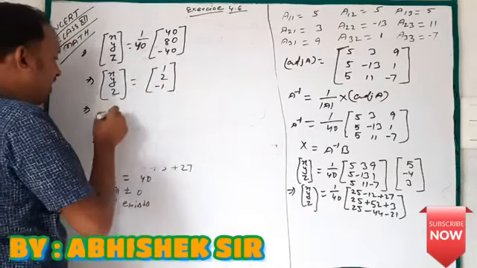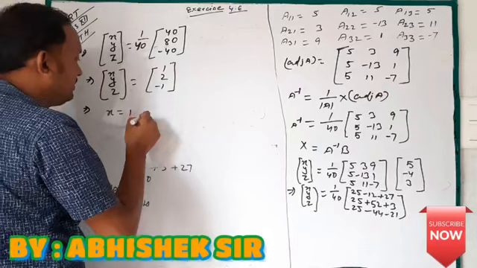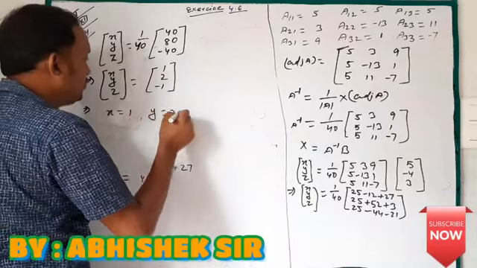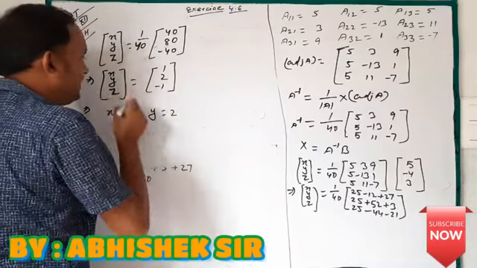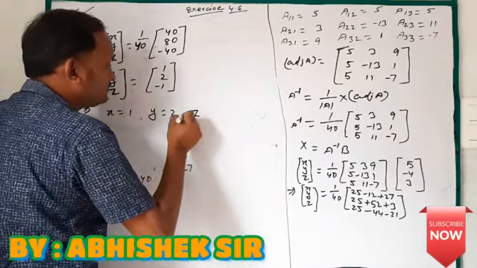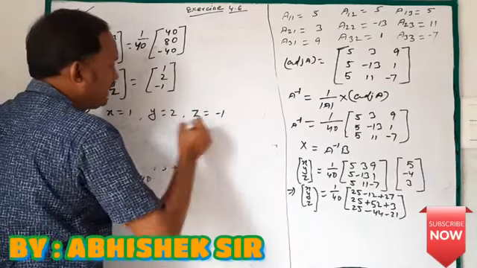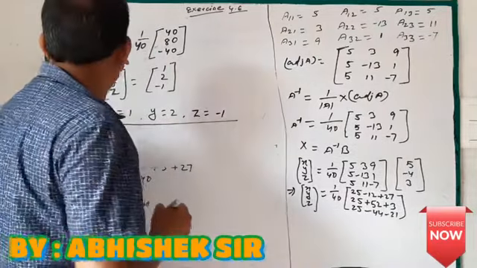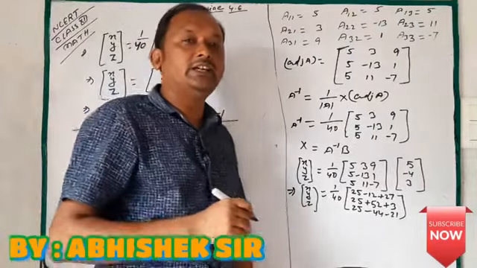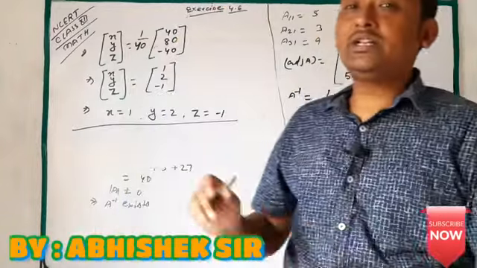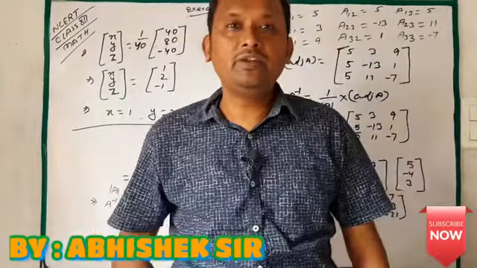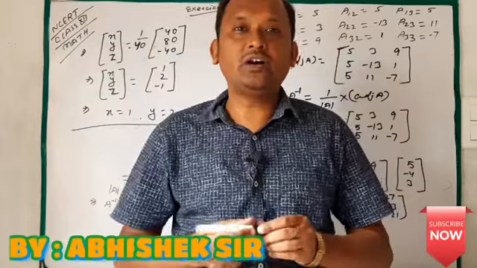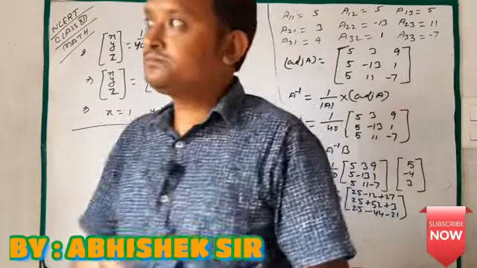This means X is equal to 1, Y is equal to 2 and Z is equal to minus 1. This is our answer students. Here we saw how we can solve question number 13. Now we will see how we can solve question number 14.